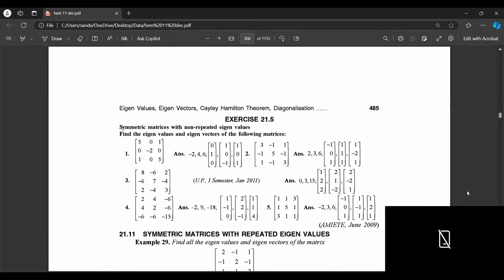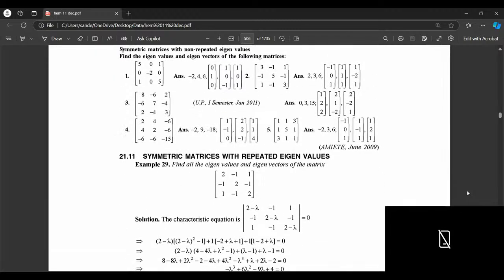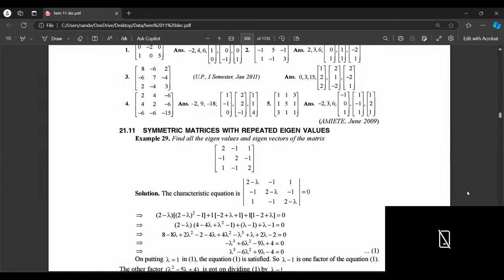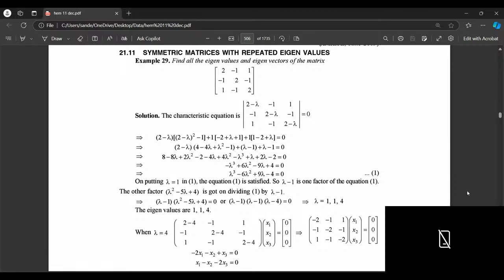Here is some exercise. Now this last symmetric matrix with repeated eigenvalues. Two may be same, third is different, or all the three may be same. Here you see, find all the eigenvalues and eigenvectors of the matrix.